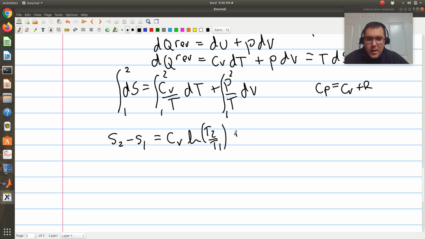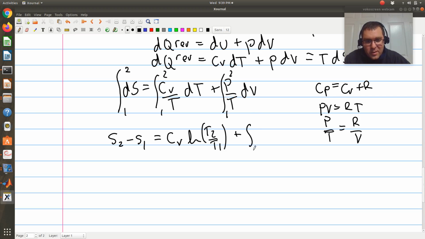Before I can tackle this last term, I have P here and T here, both of which are changing for my process, and I need to integrate with respect to V. The key is, for an ideal gas, PV is equal to RT, so you find that P over T is equal to R over V, where R is a constant.